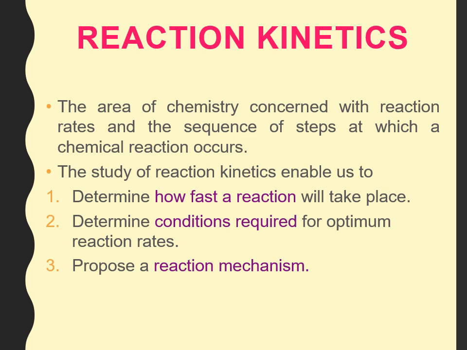It's an area of chemistry concerned with reaction rates and the sequence of steps at which a chemical reaction occurs. So the study of reaction kinetics enables us to determine how fast a reaction takes place, to determine the conditions required for optimum reaction rates, and we should be able to propose a reaction mechanism after we have known number 2 and number 1.